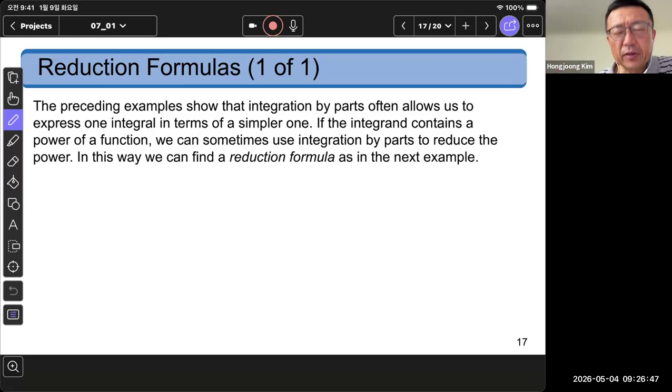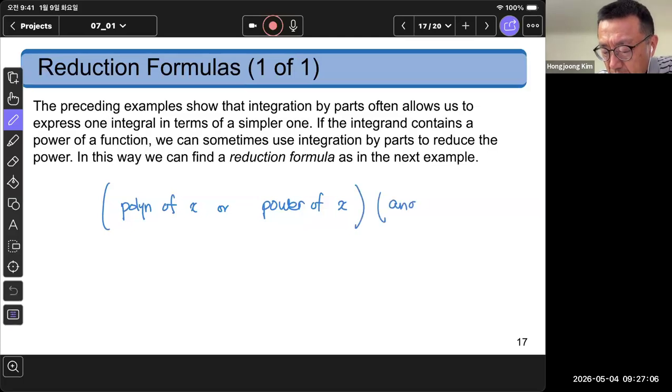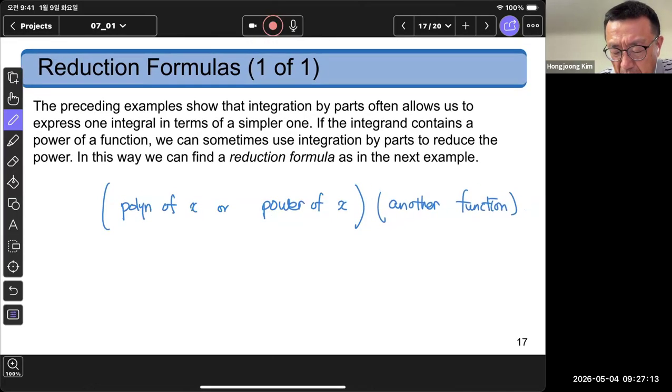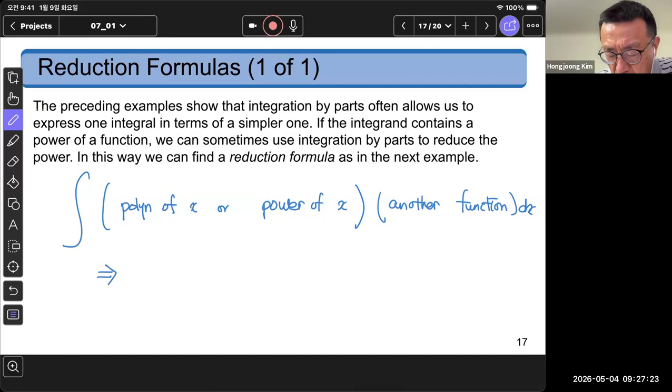That means if I have a polynomial of x, or a power of x, multiplied by another function, and if your task is to integrate this product, then usually you put this polynomial as f of x.